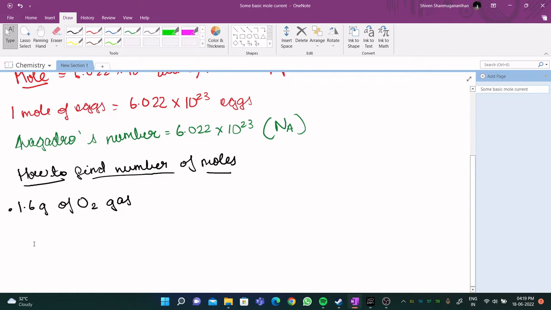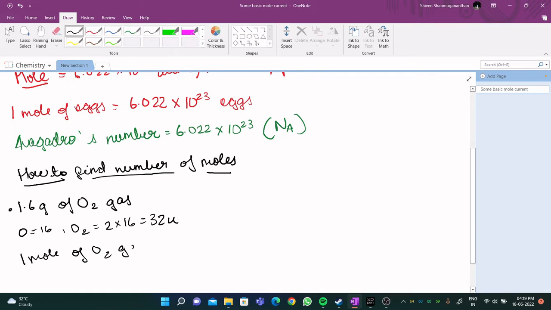Finding out the number of moles is pretty simple. We know the molecular mass of oxygen gas O2 is 32 u. So for single oxygen it's 16, and for O2 gas it will be 2 into 16, just 32 u. Now 1 mole of O2 gas is equal to 32 grams.